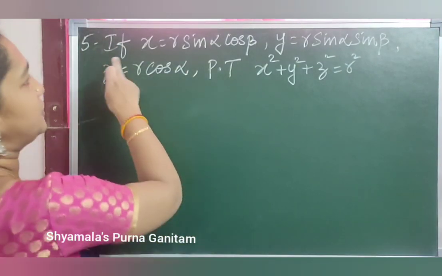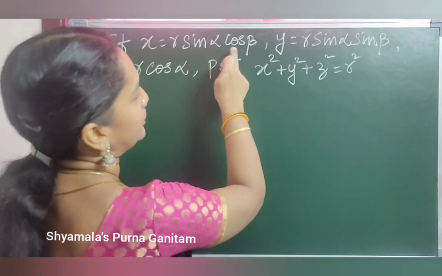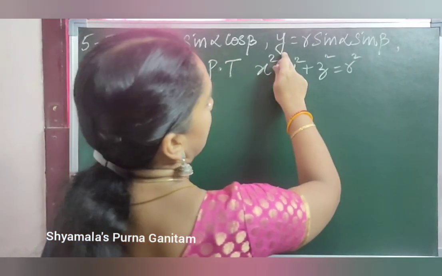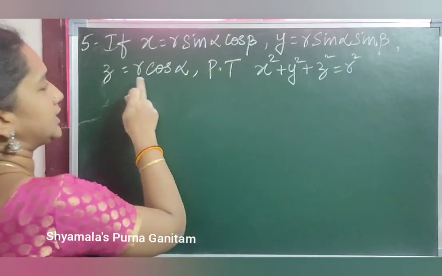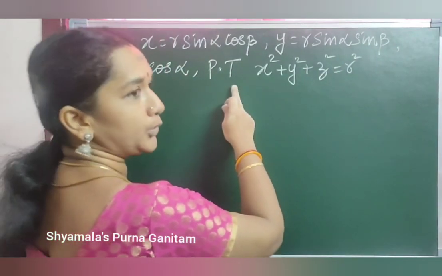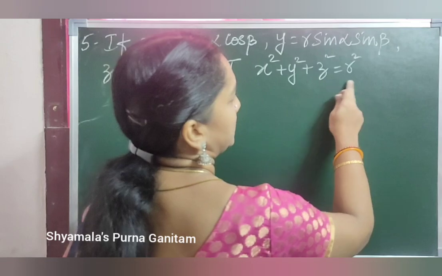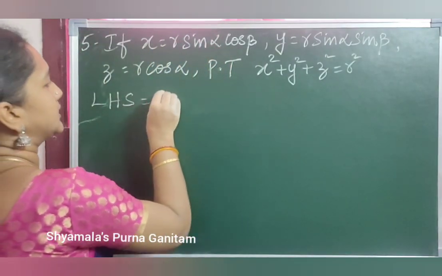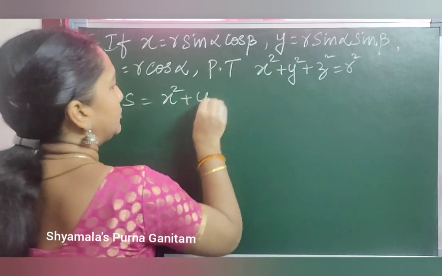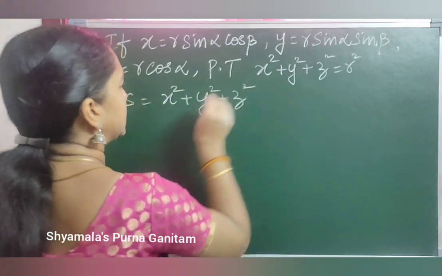Fifth sum. If x is equal to r sin alpha cos beta and y is equal to r sin alpha sin beta, z is equal to r cos alpha, prove that x squared plus y squared plus z squared is equal to r squared. So LHS is x squared plus y squared plus z squared.